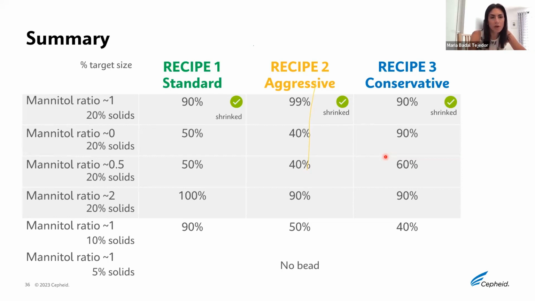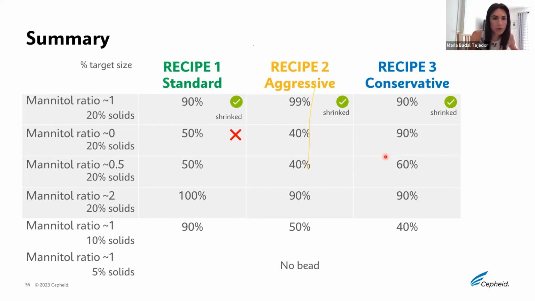Mannitol should have been in a higher amount, so that none was prevented from crystallization. But all the beads, or most of the beads in each cycle, are keeping their size. So when mannitol is present in the formulation, it's possible to run a more aggressive cycle.